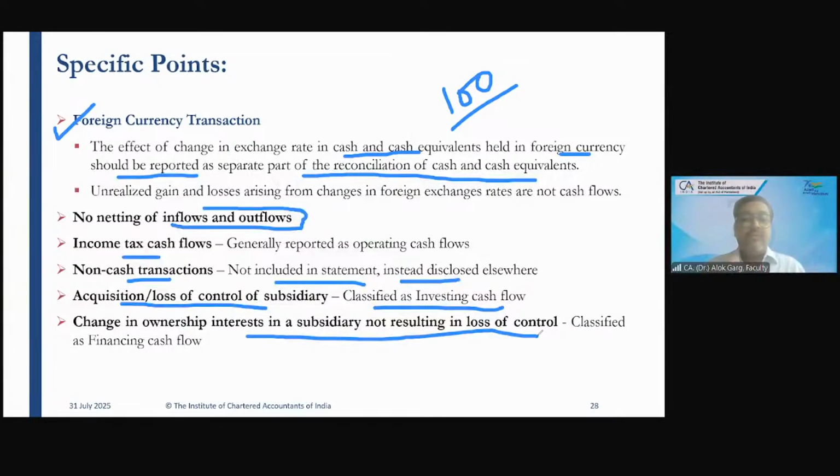But when your ownership interest is changing, when you are selling your stake but not losing your control, in that case it will be treated as a financing activity. The company was in need of money, and that's how it sold the stake. The company doesn't want to lose strategic control, but has just sold a partial stake in lieu of getting money for the business.